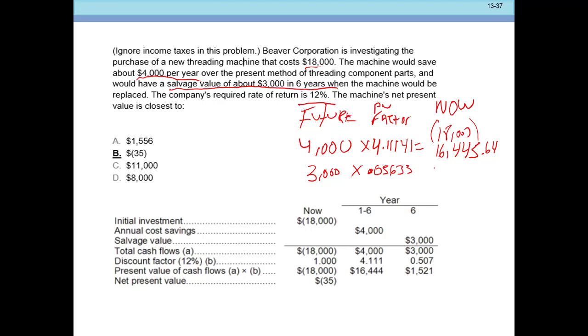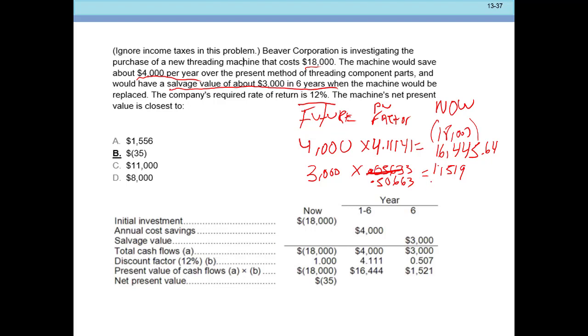And we get what? 0.50663, like that? Okay, so I multiply that, and that gives me now this, what, 1519 that's going to come in at the end of this, right?